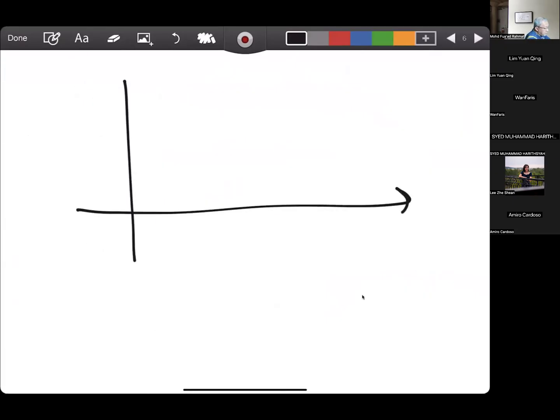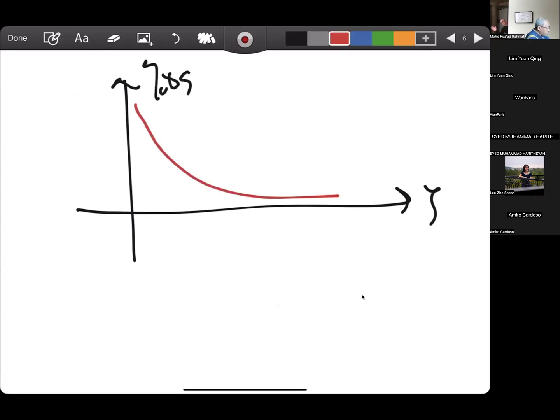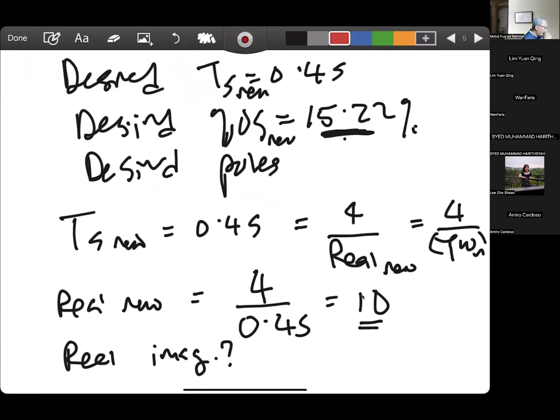Okay, zeta and overshoot percentage, 15.23.